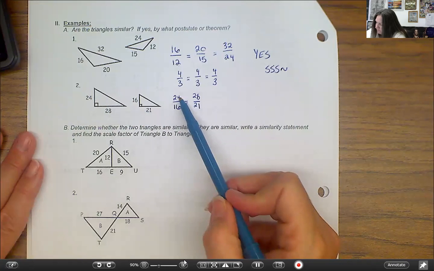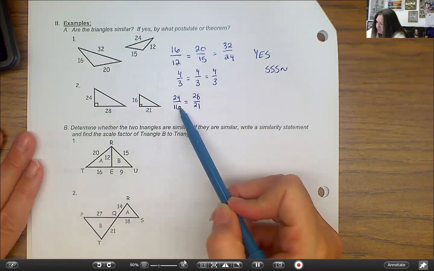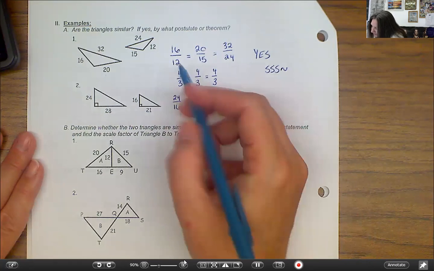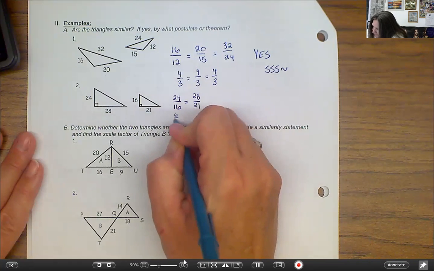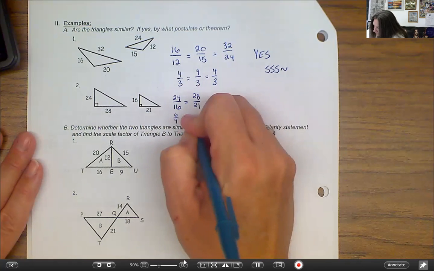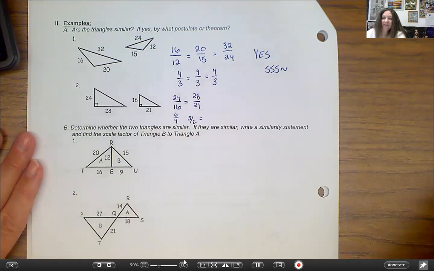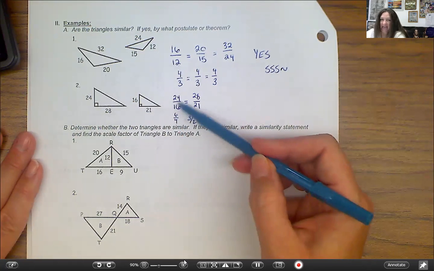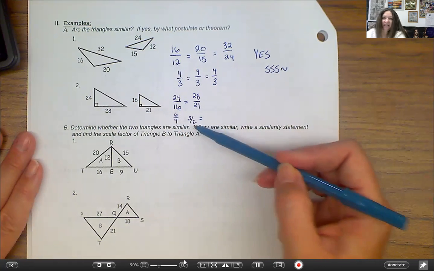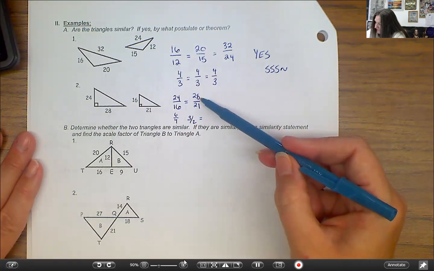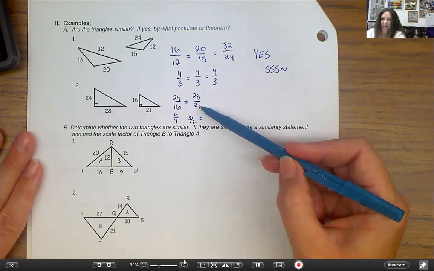So 24 and 16 both divide by 4 for sure, and that would give me 6/4, which reduces again to 3/2. Okay, so I can get that to reduce down to 3/2. Or if you saw those divided by 8, right away you could get to 3/2. Now 28 and 21 both divide by 7.